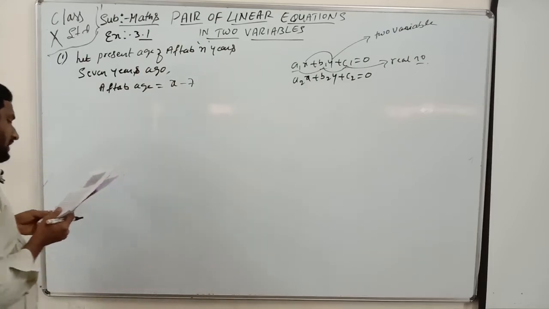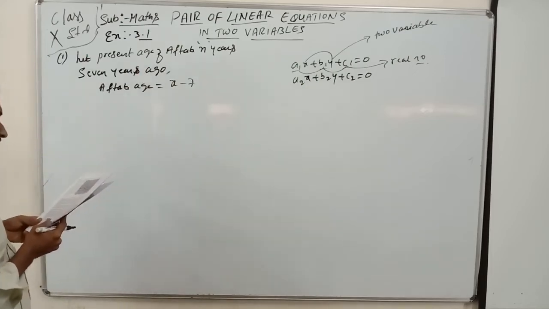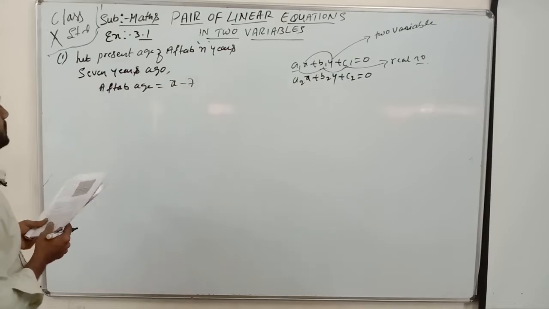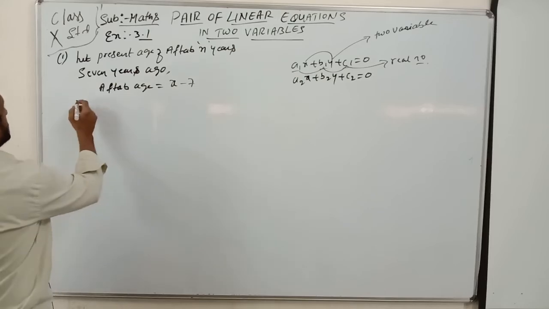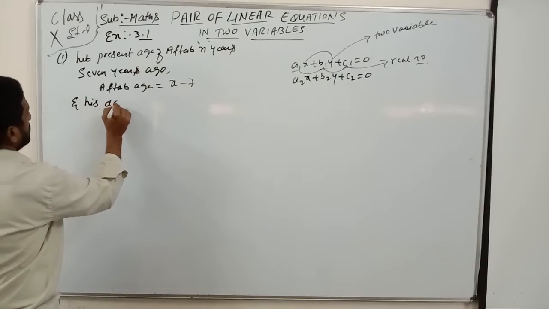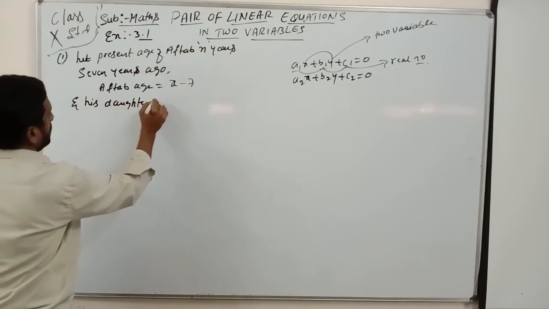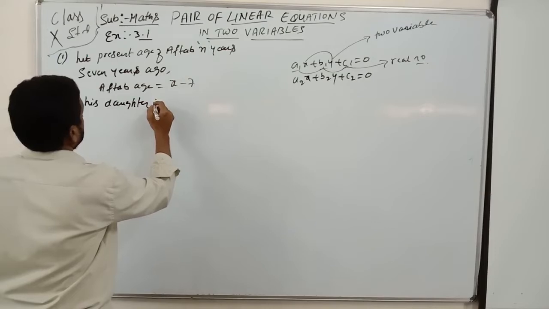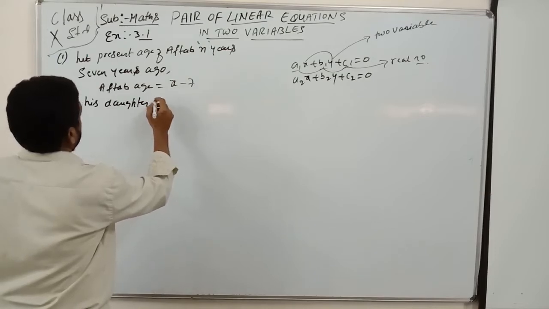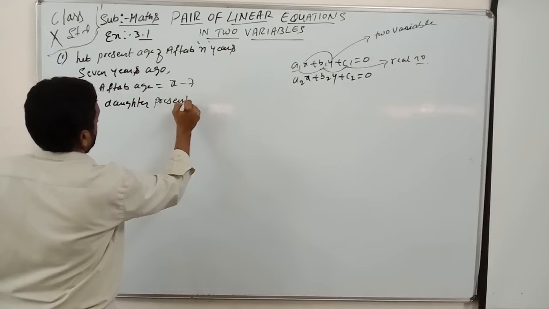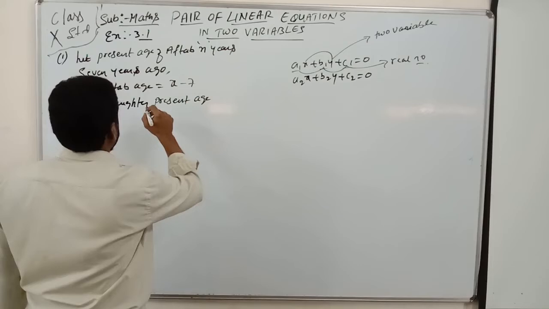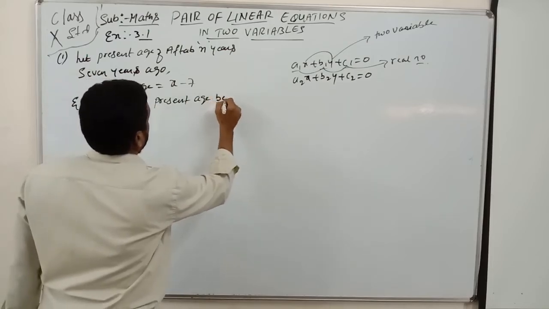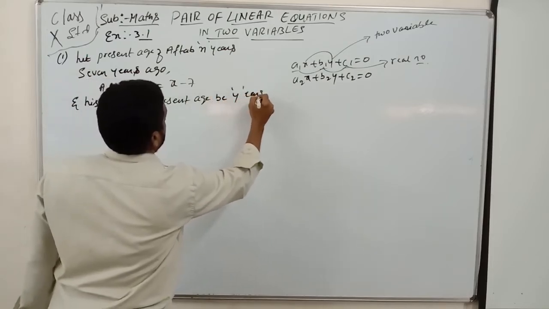Okay. So next what is here, I was 7 times as old as you were then. Now this is the present age of Aftab and 7 years ago completed. Next, and his daughter's present age, and his daughter's present age be y years.